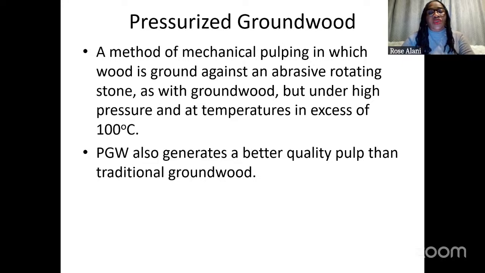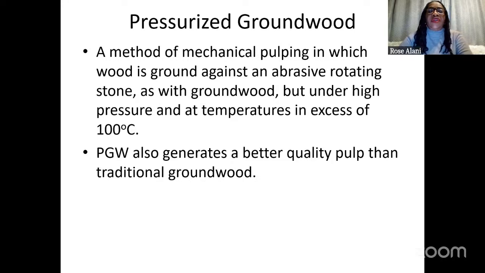Pressurized ground wood, which we're just introducing, is a method of mechanical pulping in which wood is ground against an abrasive rotating stone, just as in the ground wood method, but in this case under high pressure, and the temperature exceeds 100 degrees centigrade.